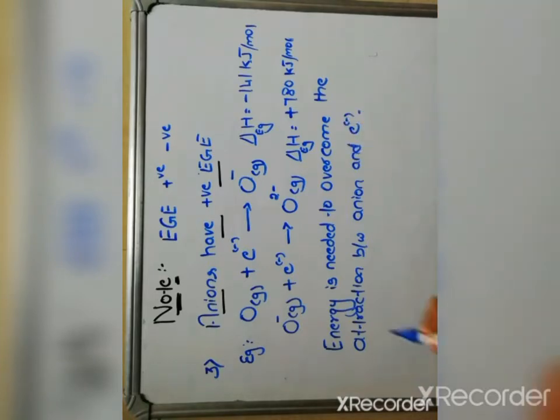So what do you mean by this? Energy is needed to overcome the attraction between anion and electron.